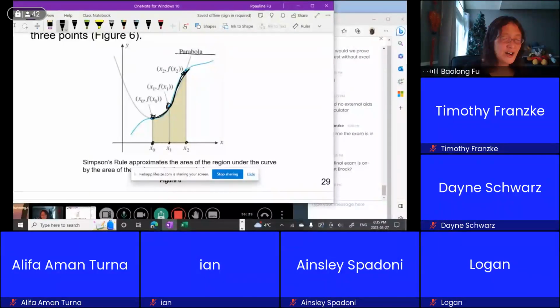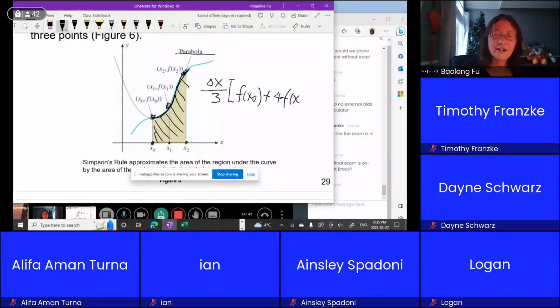And it turns out the area under here is delta x over 3, we don't need to prove it, we just need to remember this, times f(x0) plus 4 f(x1) plus f(x2). That's it. So this is the area.